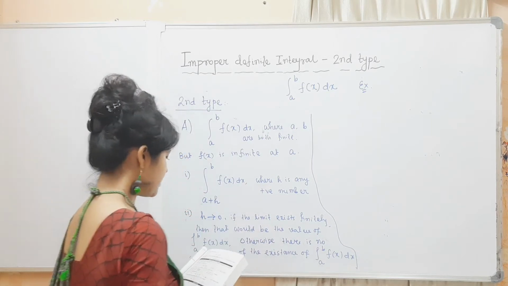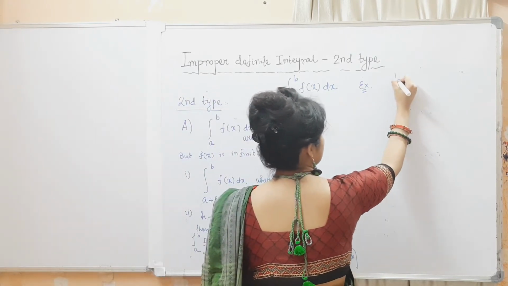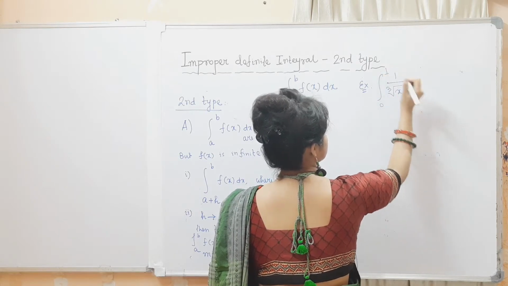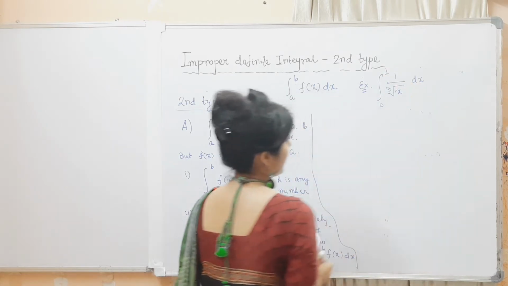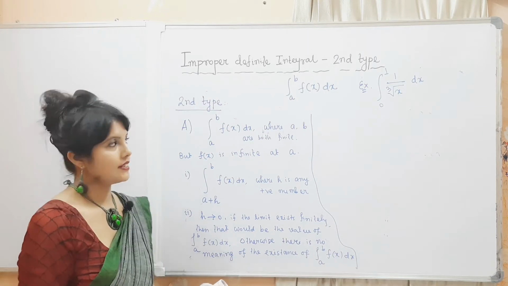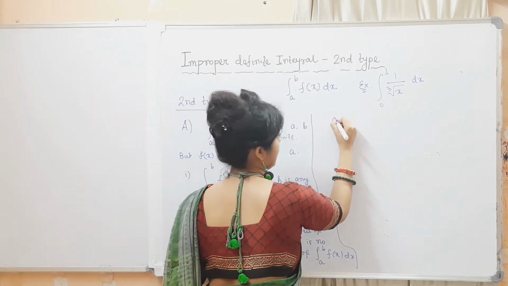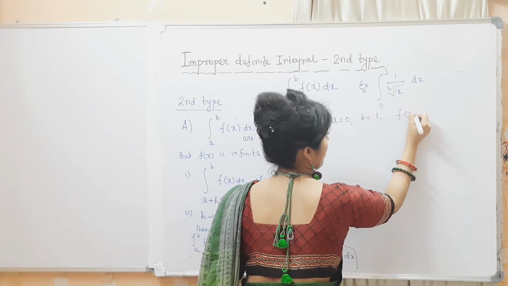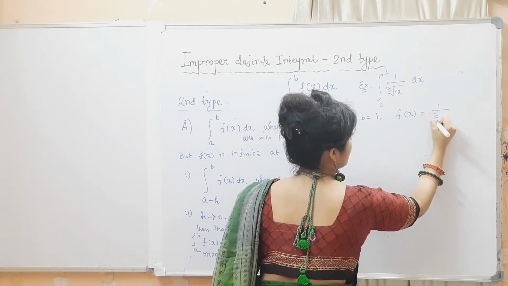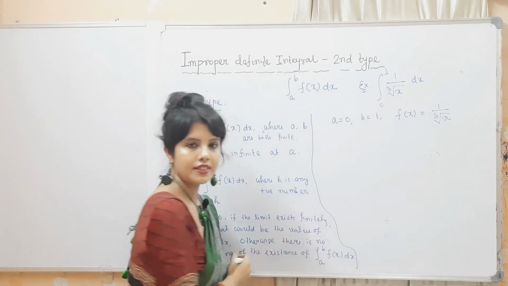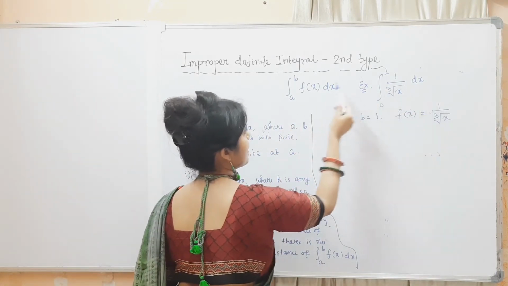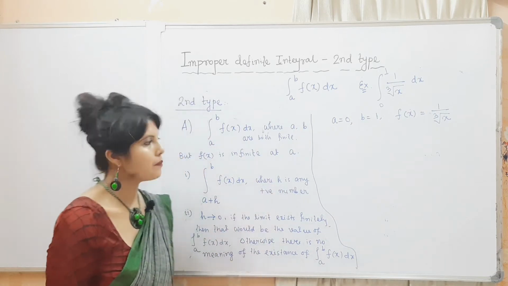Now I am going to discuss a problem: integration 0 to 1 of 1 by cube root of x dx. So here clearly a equals 0, b equals 1, and f of x is equal to 1 by cube root of x, because this form is very similar to that form.